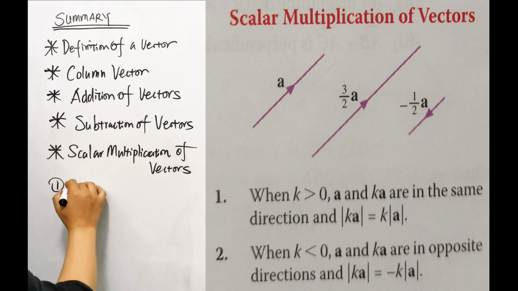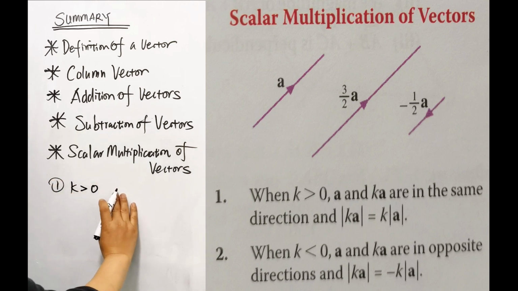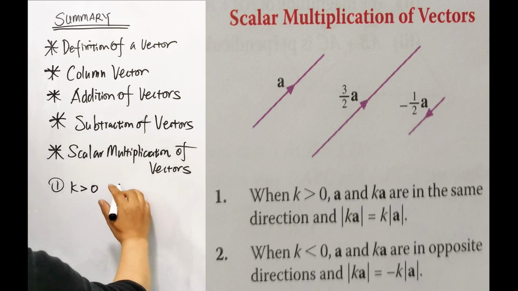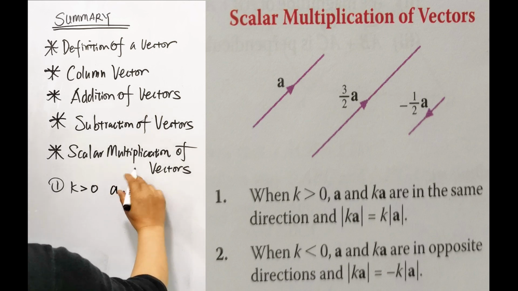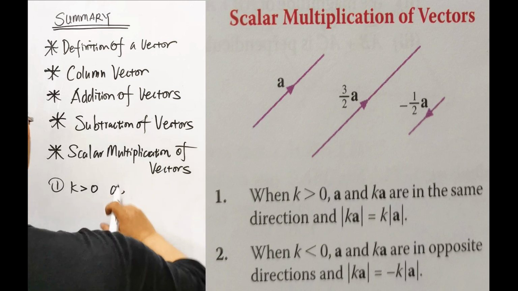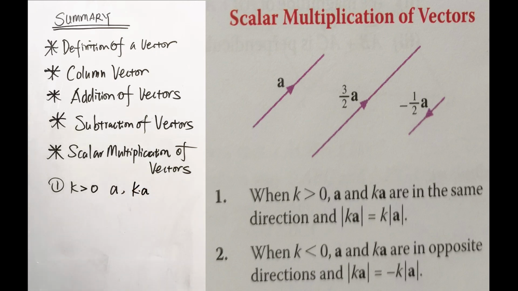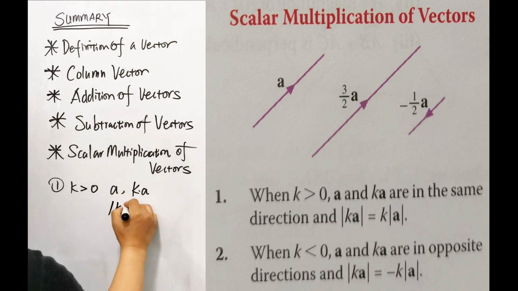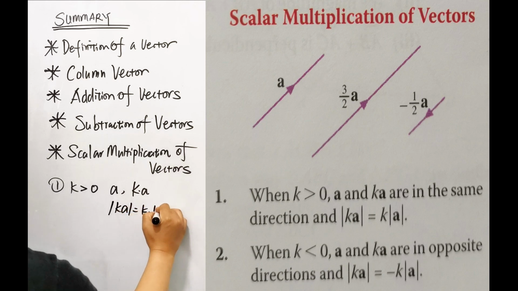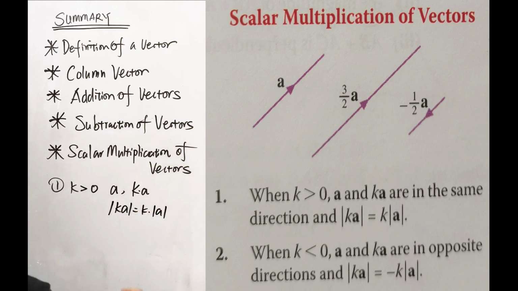The first one, when k is more than 0, what do we get? a and k times a is a vector, ka, so they have the same direction. And of course the magnitude of ka equals k times the magnitude of a. In terms of magnitudes they are also the same, right? We can write it this way.